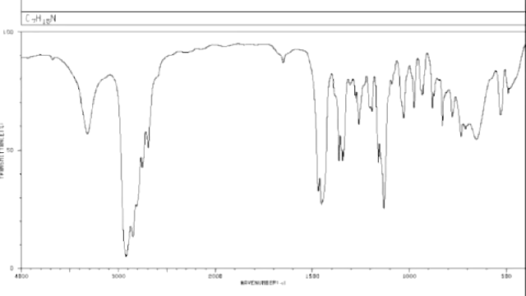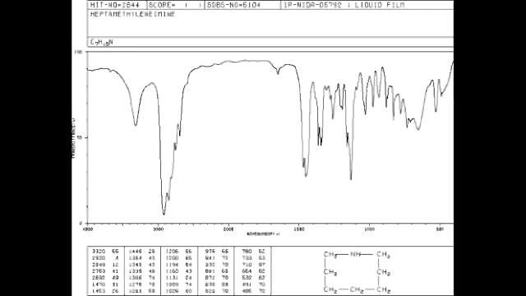We know that has to be true because if it were a primary amine with two N to H bonds, then we'd see two peaks there around 3400 rather than just one. Another very important thing to note is that this molecule is totally saturated.